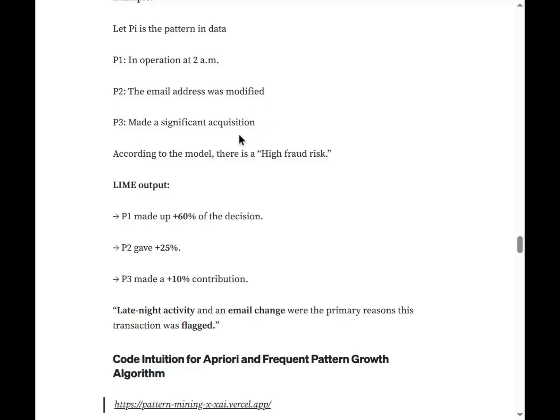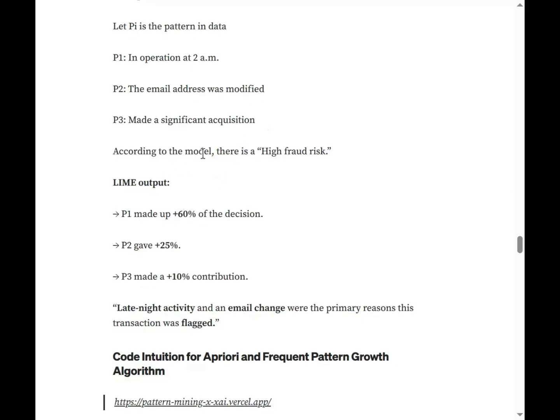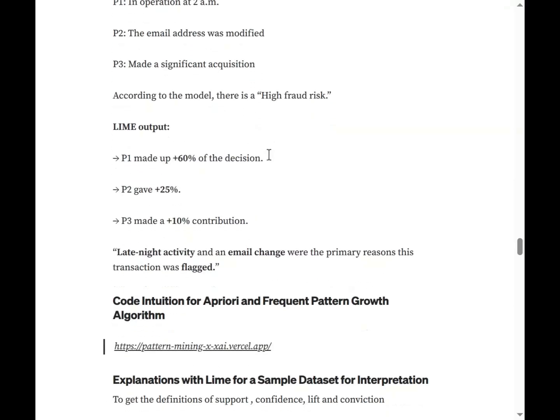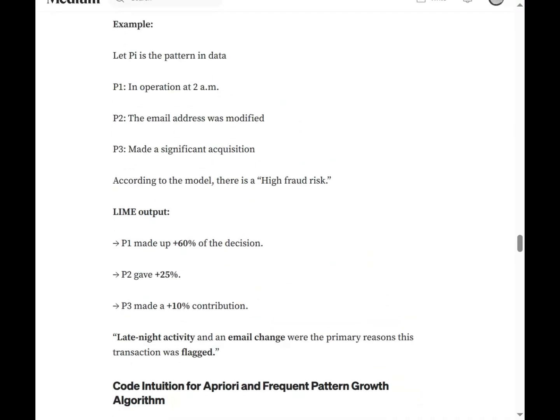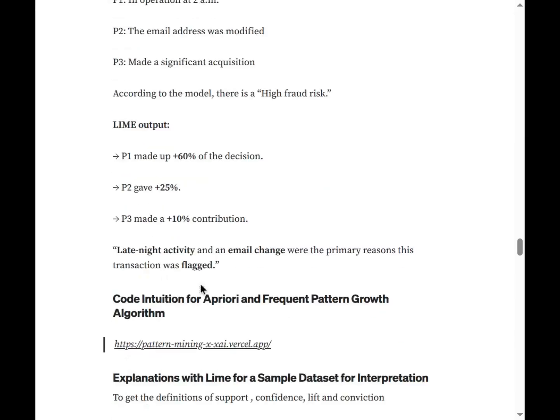Pattern 3, made a significant acquisition. So according to the model there is a high fraud risk. P1, working at late night, contributes plus 60% of the decision to high fraud risk. And P2, email address was modified. So these two, 60% and 25% contribution, were causing the high fraud risk.